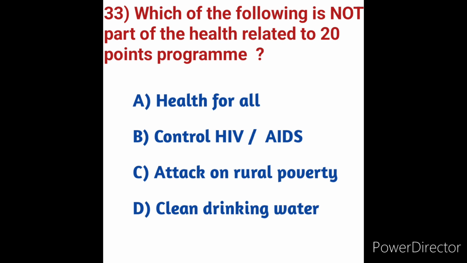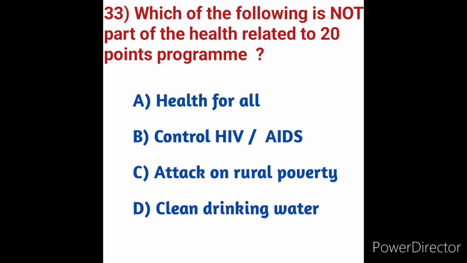Which of the following is not part of the health related 20 points program? From the following options, which is not included in the health related 20 points program? We will see the options. Option A, health for all. Option B, control HIV or AIDS. Option C, attack on rural poverty. Option D, clean drinking water.